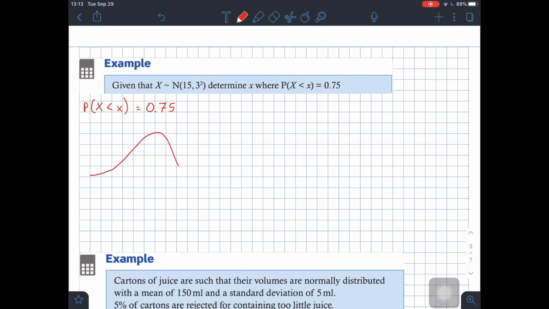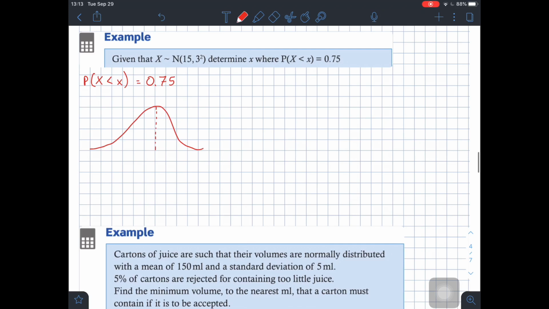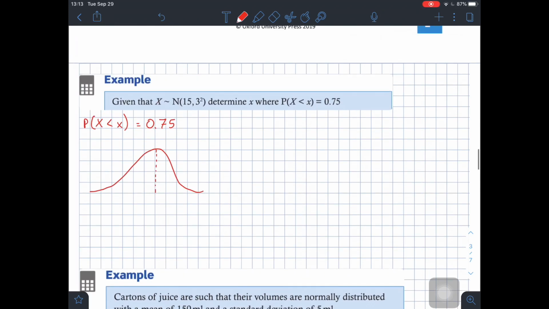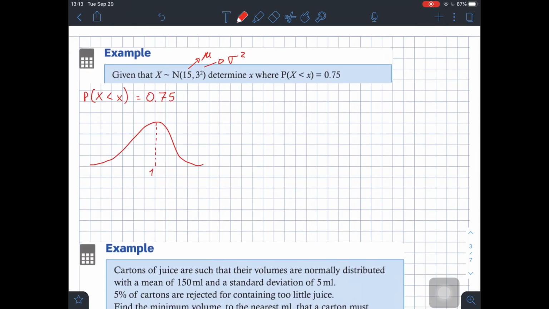It's not necessary to do the sketch always, but I always like doing it because it kind of makes the resolution much easier and comprehensible, right? So in this case, our mean is 15. Remember, this first value corresponds to the mean, and this second value corresponds to the variance. If you take the square root of that, you're going to get the standard deviation. Okay, so this value is 15, and we're looking for a value x less than x, which has a probability of 0.75.